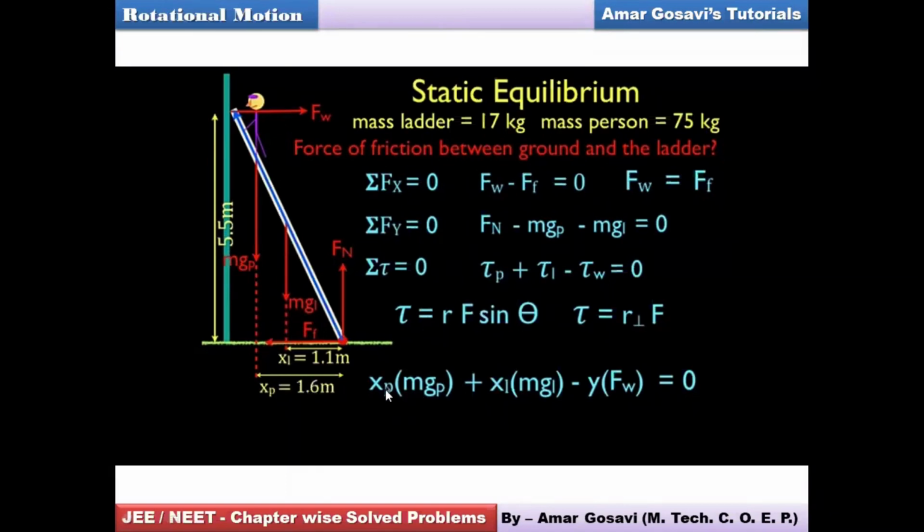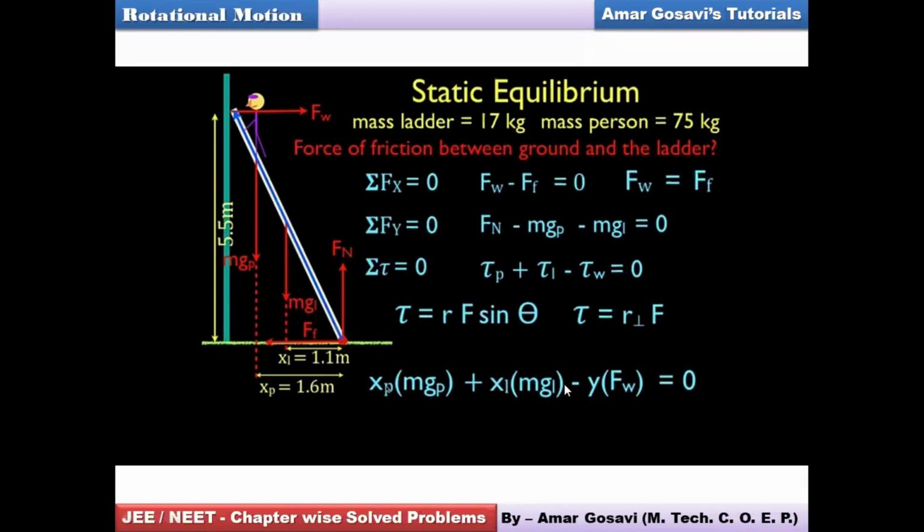The xp is 1.6. Mass is known to you for the person, mp is 9, g is 9.8. Similarly, tau ladder, tau l, will be x ladder, that is 1.1 meter, multiplied by this force, that is mgl, minus y. Y is the entire vertical distance from point A, 5.5, multiplied by Fw should be equal to 0.